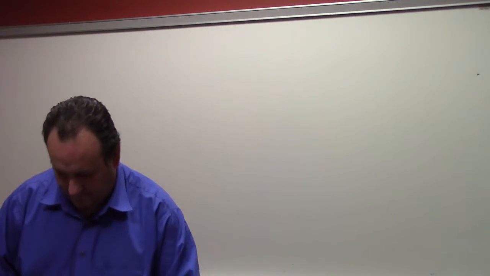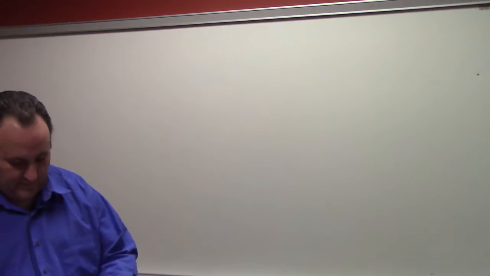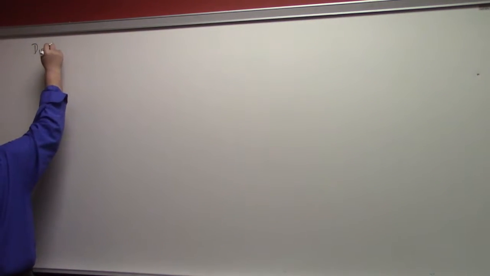So, let's get into it. What is a differential form? All right. So I guess it's a little bit premature in some sense, because perhaps we should talk about vector fields first.